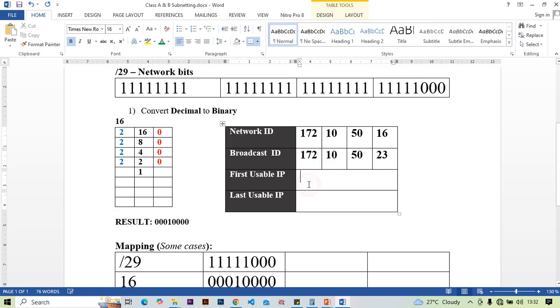So what would be the first usable IP addresses that we give to our clients? The first one will be 172.10.50.17, because right from this one here, the immediate next IP address is the one we give to our client, and then the last one will be 172.10.50.22, because remember, our last IP address does not exceed the broadcast IP address, which means this is how we solve these numbers.